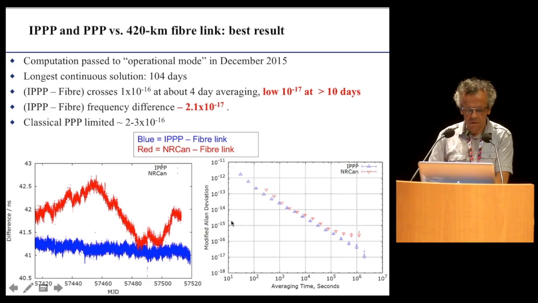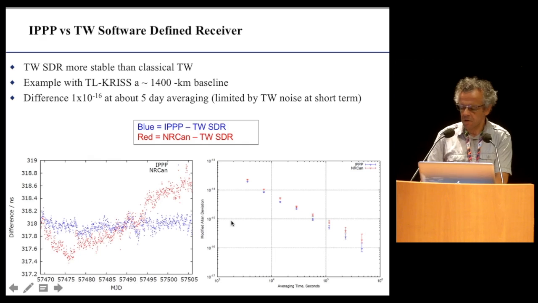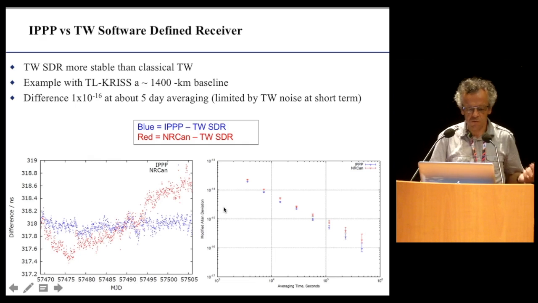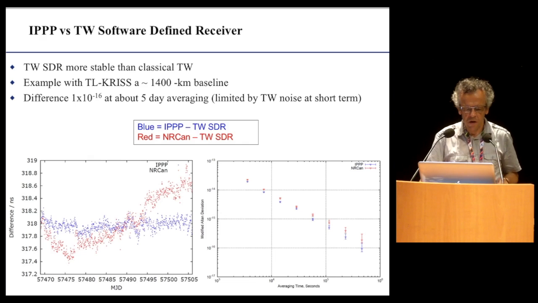We have other techniques which are more in the study phase, for two-way time transfer, for example, to which we can compare the IPPP, and I will briefly show a couple of them. One is using new analysis techniques with a software receiver instead of a hardware receiver.